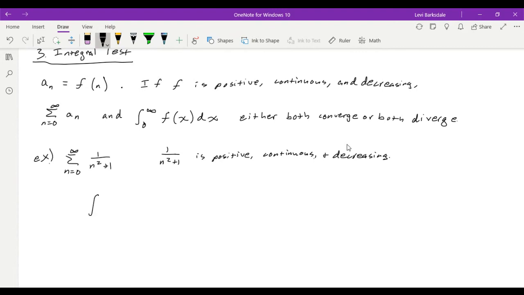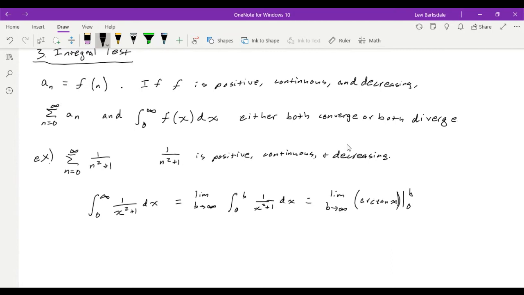Then we can take the improper integral from 0 to infinity of 1 over x squared plus 1, and because it's an improper integral, we have to rewrite it using a limit statement. The limit as b goes to infinity, integral from 0 to b of 1 over x squared plus 1 dx. This integral, if you recall, is arctangent. So that would be arctangent of x from 0 to b.